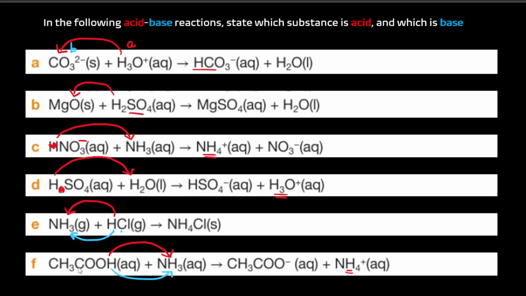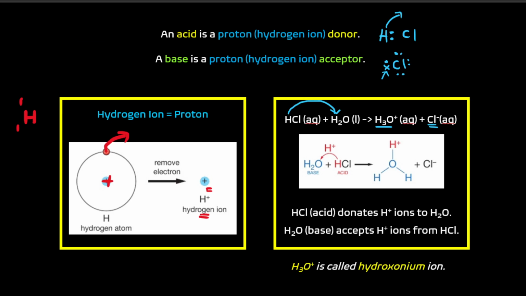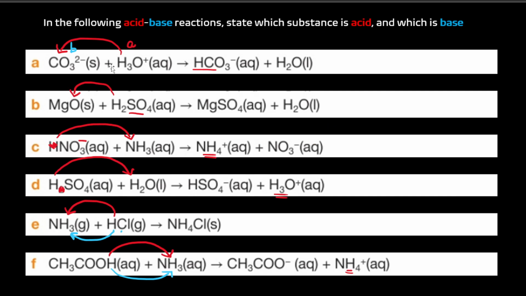Just to give a summary again, an acid is a proton or hydrogen ion donor. A base is a proton or hydrogen ion acceptor. When in exams they give you similar equations, you should be able to explain why you think that one reactant is acid and one reactant is base.